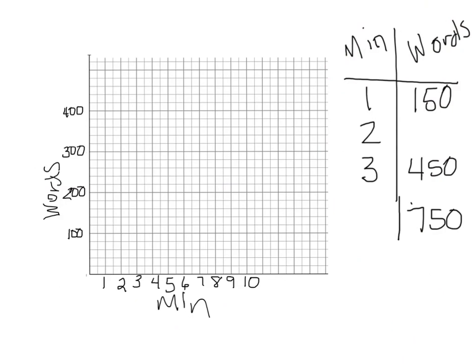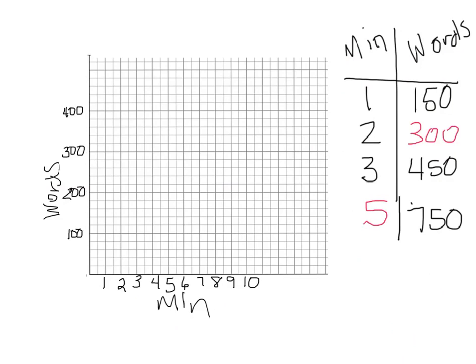If a 5th grader can read 150 words in 1 minute, how many can a 5th grader read in 2 minutes? 300. That's right. So then in 3 minutes, a 5th grader could read about 450 words. How many minutes would it take to read 750 words? That would take about 5 minutes.